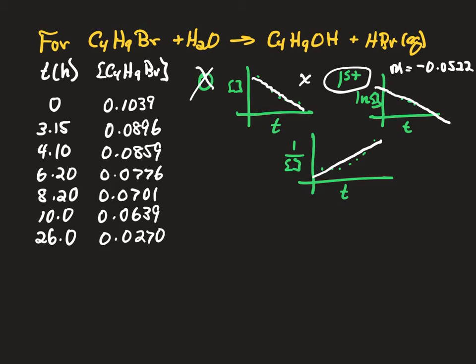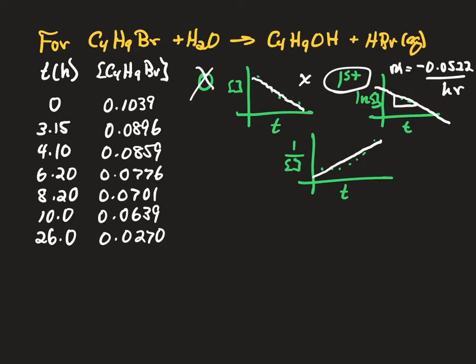And the units of that slope would be, let's see, it's rise, which has no unit, divided by run, which would be time, so that would be 1 over time. And since my time is in hours, that would be per hour.